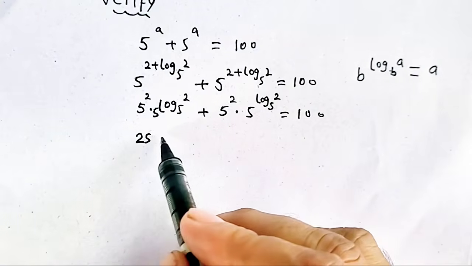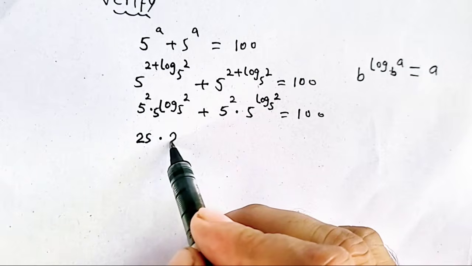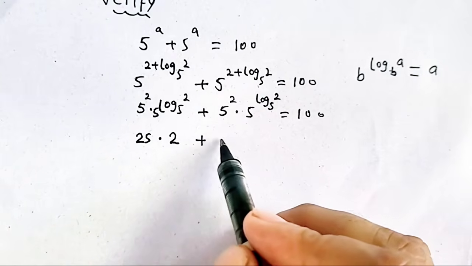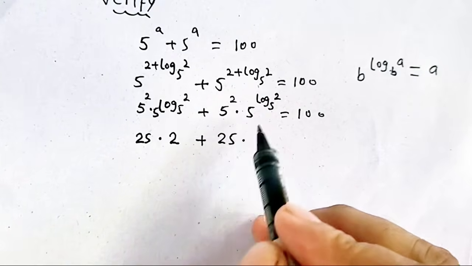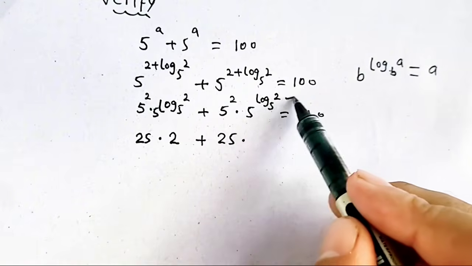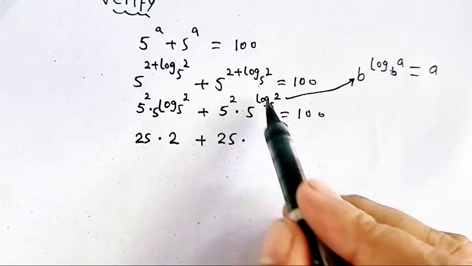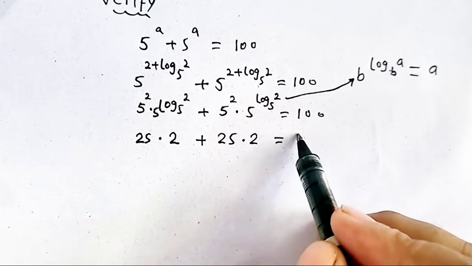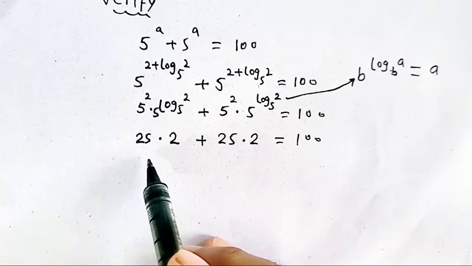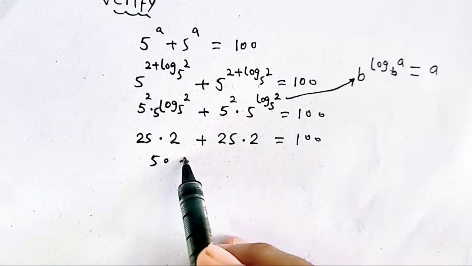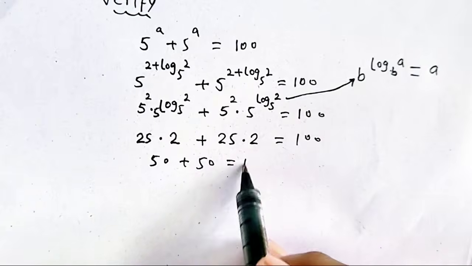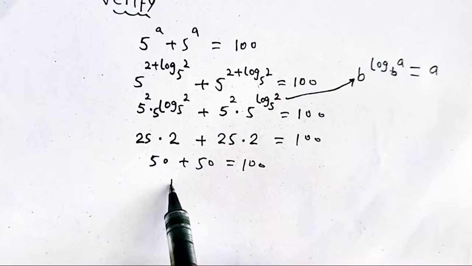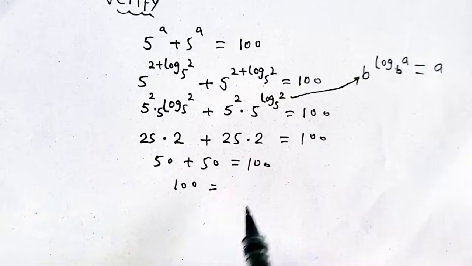So here our answer will be equal to 2. 5 squared is equal to 25, and applying this rule, we will get 2. So 50 plus 50 is equal to 100. So 100 is equal to 100.